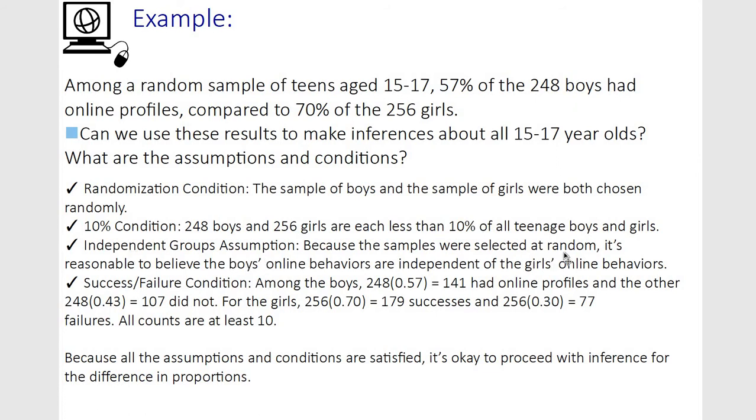Independent groups assumption. Because they were selected at random, it's reasonable to assume that the boys' behavior is independent of the girls' behavior. Okay. Success/failure condition. So you multiply the number of kids times the success and failure of each. We got over 10 on all of them. And so because all these assumptions and conditions are satisfied, it's okay to proceed with inference for the difference in proportions. So now we can keep going.